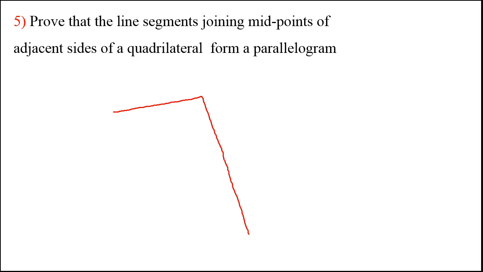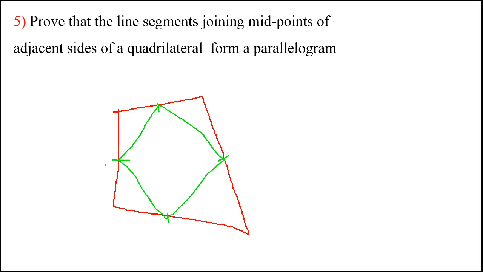If we have any type of quadrilateral, and we take the midpoints of its sides and join these midpoints, then a quadrilateral is obtained. This problem says that this green colored quadrilateral is always a parallelogram.